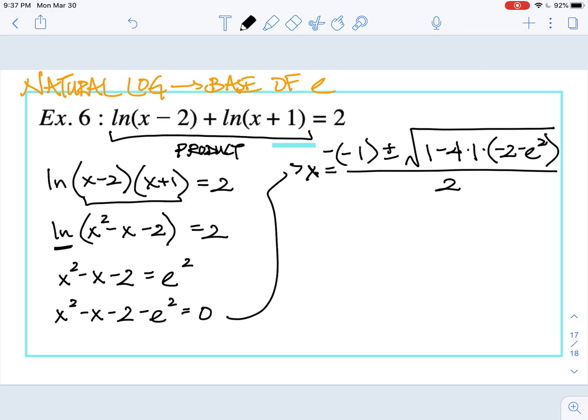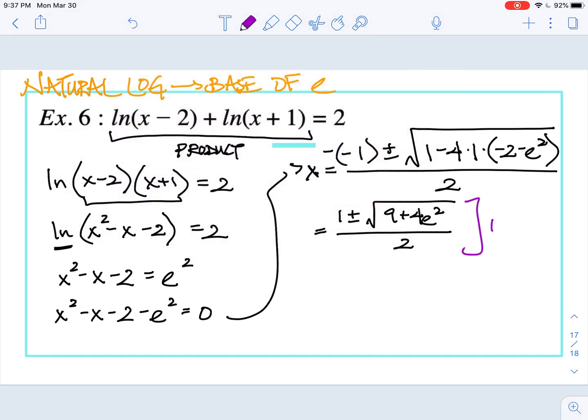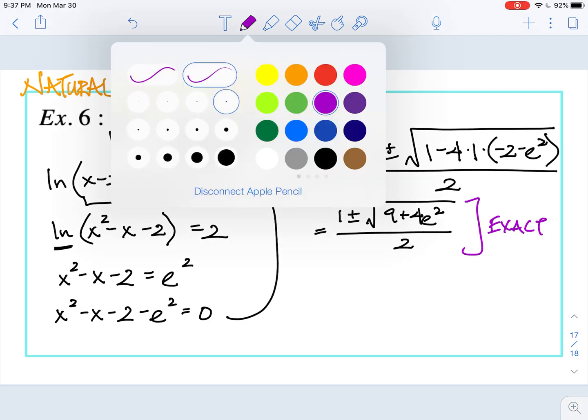I'm going to divide that all by 2 times a. And if you simplify that, that'll give you 1 plus or minus the square root of 9 plus 4e squared, over 2. And if you leave it like that, that's absolutely fine. That gives you your exact answer.